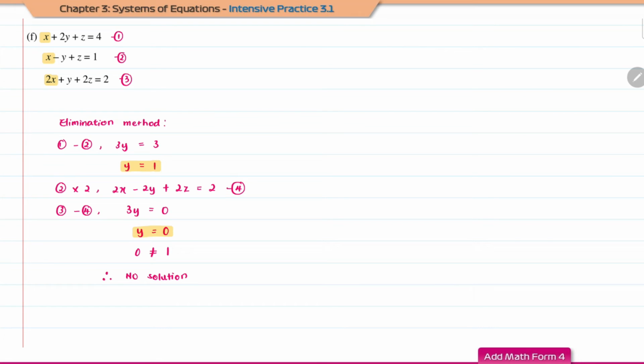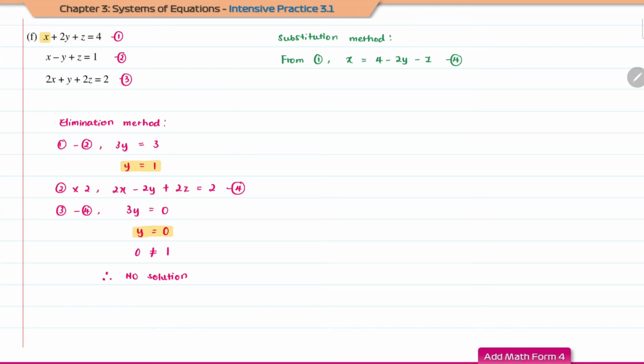Now, if you try these questions using the substitution method, I'm going to choose x from equation 1 to become the subject of the formula. So from 1, x is equal to 4 minus 2y minus z.